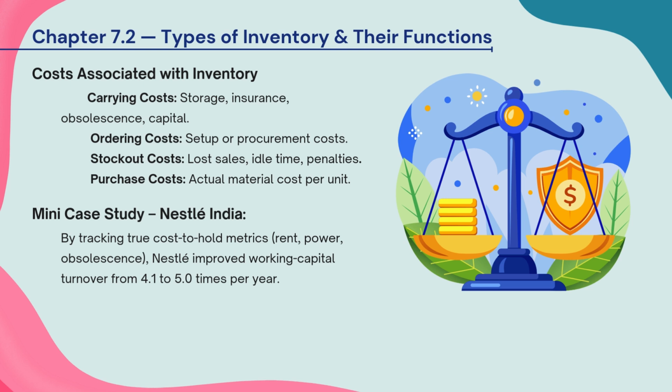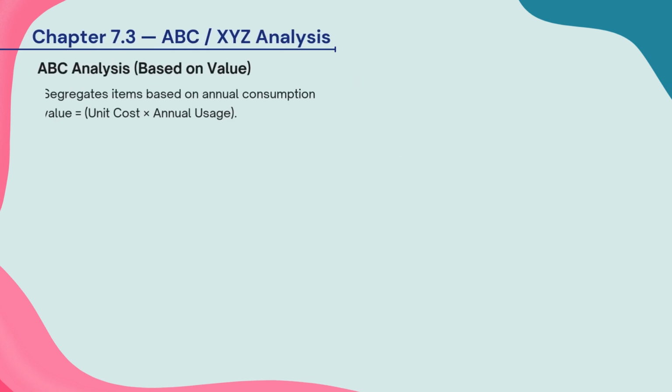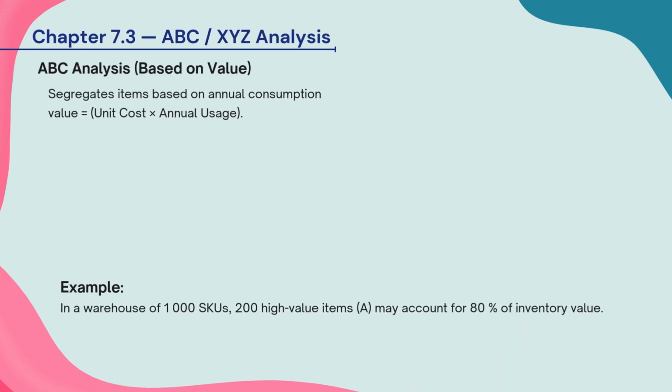enhance financial performance. ABC Analysis categorizes inventory based on annual consumption value, which is calculated by multiplying unit cost by annual usage. Category A items: approximately 20% of items account for approximately 80% of the inventory value and require very tight control.